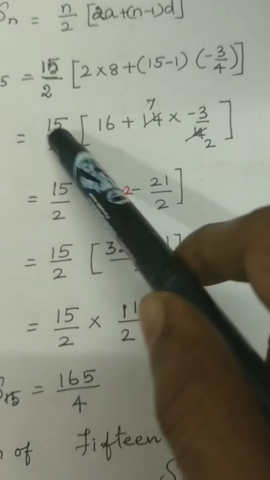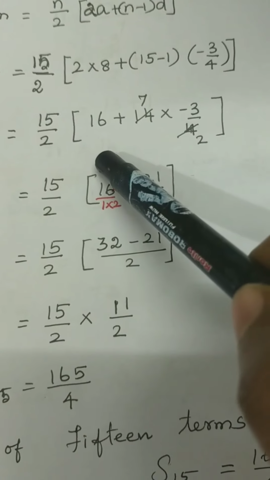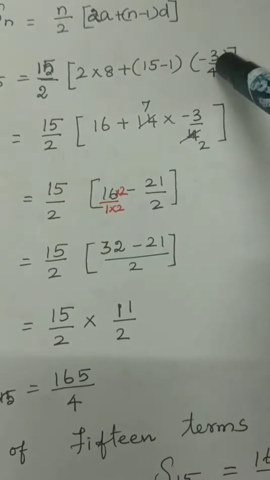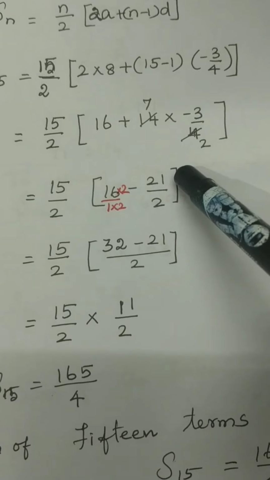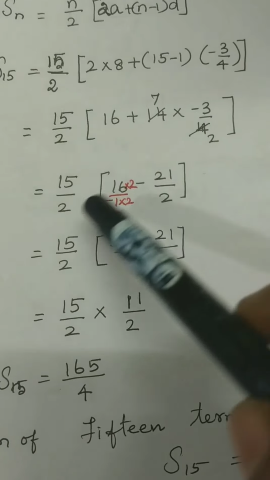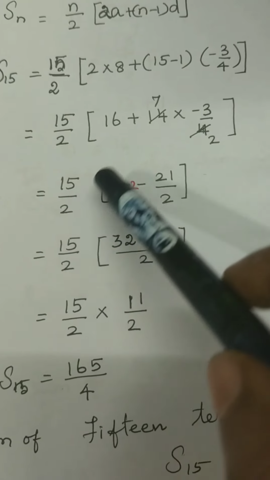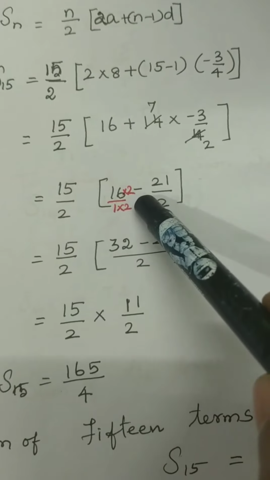So 15 by 2, then 8 2s are 16, plus 14 into minus 3 by 4. You can cancel 4 and 14, then 15 by 2 into 16 minus 7 3s are 21. Here minus into plus is minus, 21 by 2.